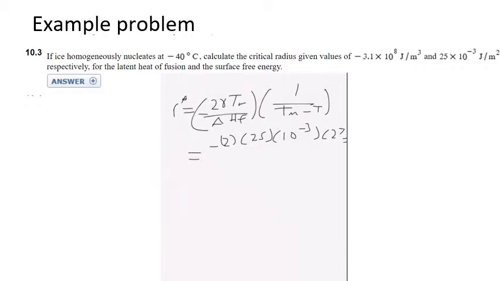Now you plug in the values given to you in the problem: 25 times 10 to the negative third for gamma, 273 Kelvin for temperature, negative 3.1 times 10 to the 8th for the latent heat of fusion, and negative 40 plus 273 for the temperature.